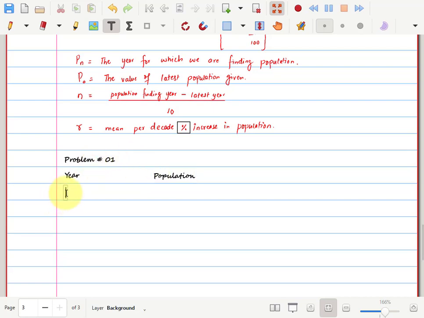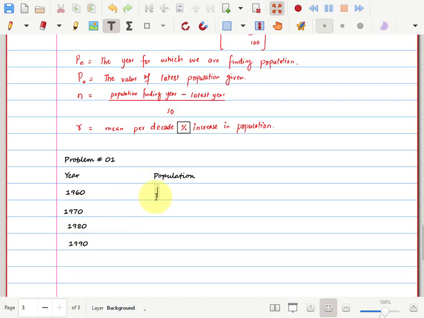The years given to us are 1960, 1970, 1980, and then 1990.